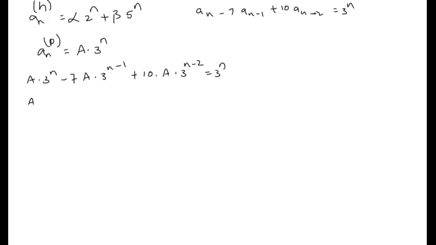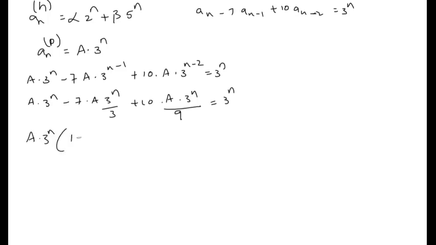So we can write it as a into 3 power n minus 7 into a into 3 power n divided by 3 plus 10 into a into 3 power n divided by 3 square. 3 square I can write as 9, is equal to 3 power n. If you take a into 3 power n as common, we will get 1 minus 7 by 3 plus 10 by 9 is equal to 3 power n.